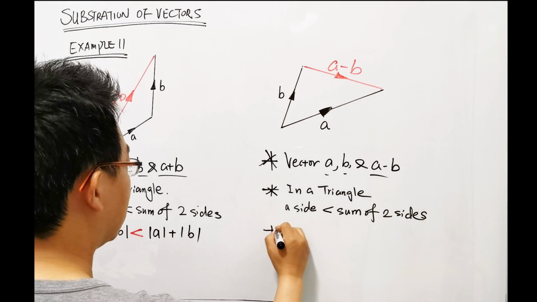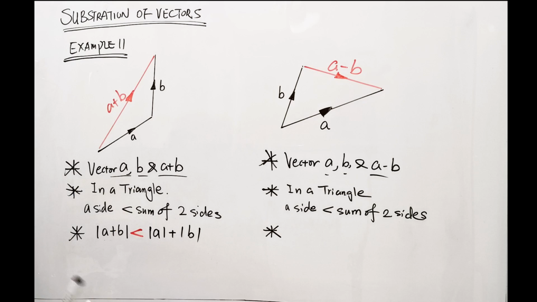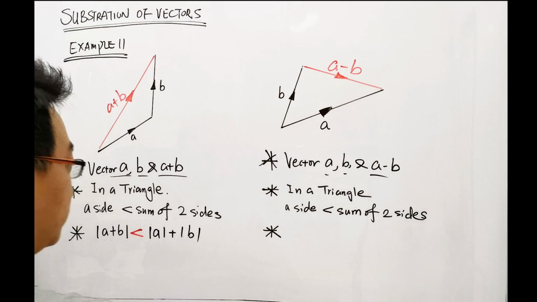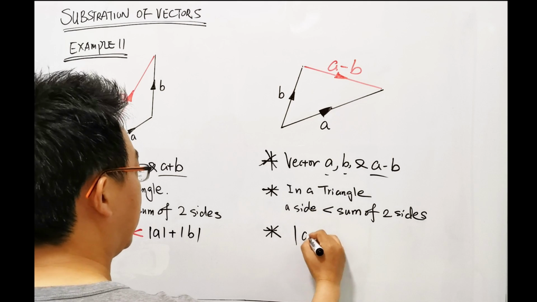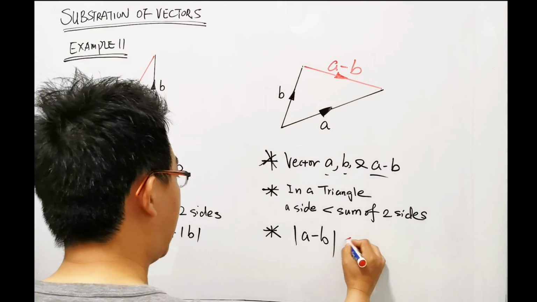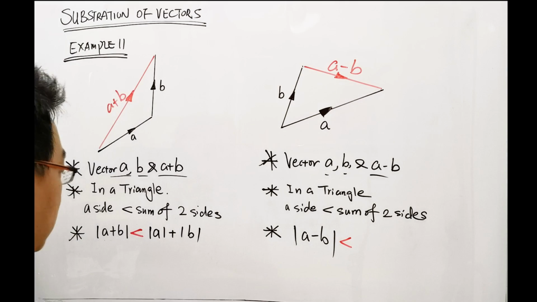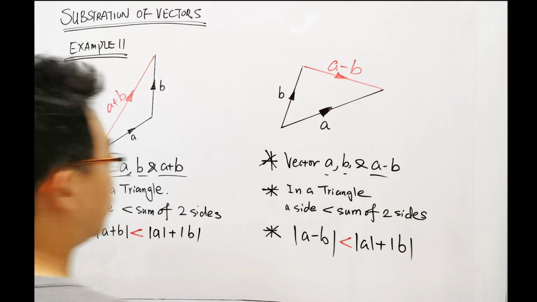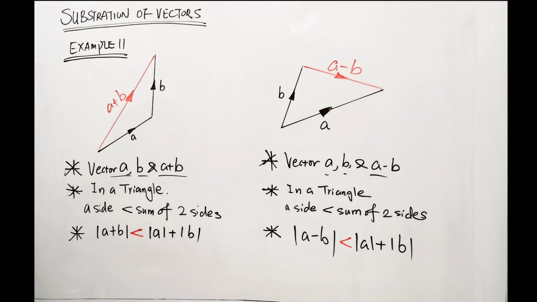So from here we can find out that the magnitude of A minus B is always less than the magnitude of A plus the magnitude of B, right? This is very easy to understand, right?